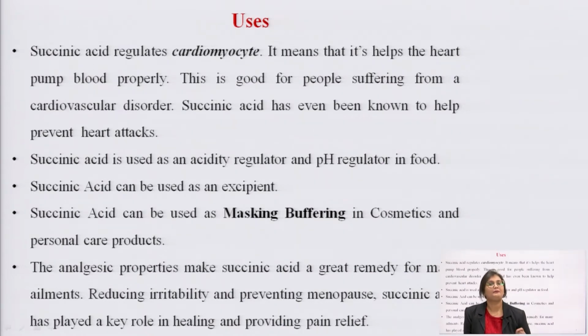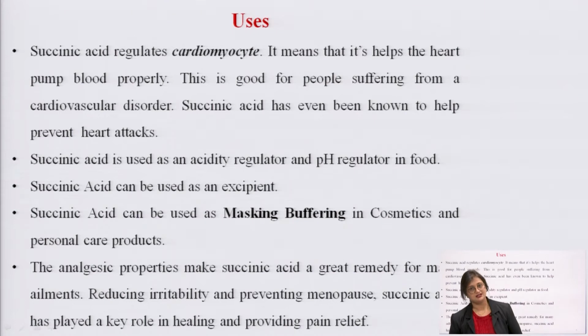This is good for people suffering from cardiovascular disorders. Succinic acid is even known to help prevent heart attacks. So, basically they act as cardiomyocyte supporters, or they regulate the cardiac myocytes, hence they help people suffering from heart diseases or cardiac disorders. They also help in preventing heart attacks.